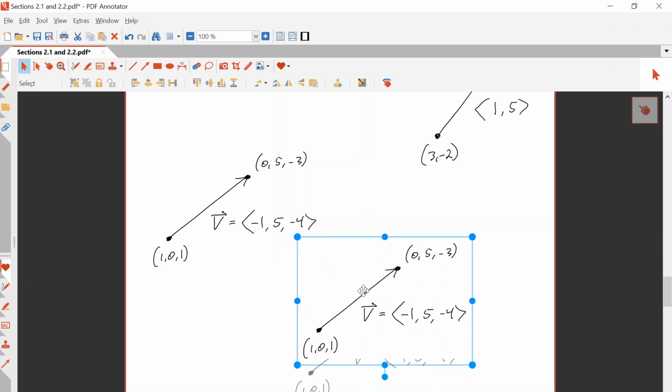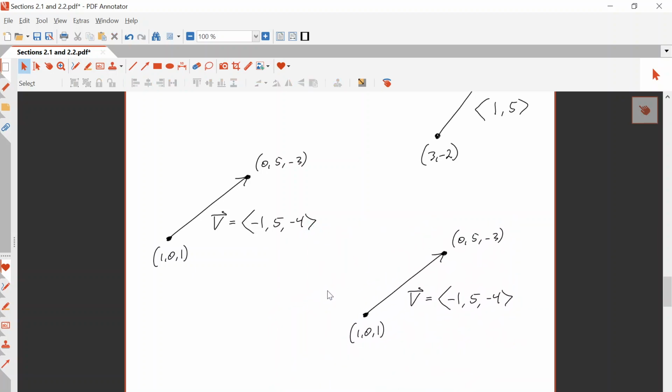What if I just flipped around the head and tail? I'll make this the head instead of the tail, and this the tail instead of the head. Well, then what vector do you get? If you're reversing head and tail, then all it does is negate the coordinates of v.